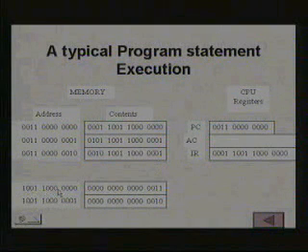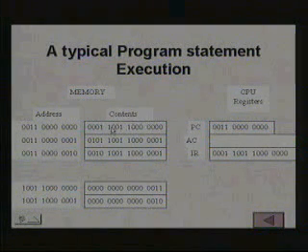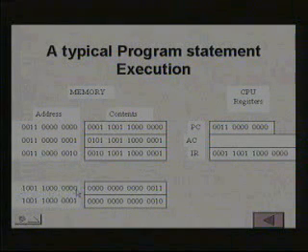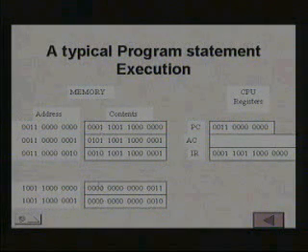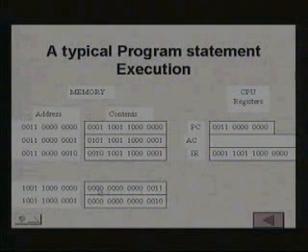That means the data being specified by the load instruction is stored in this particular location. So in a sense I am instructing the computer to load the accumulator register with the value given in this particular memory location, and that is the instruction being given to the computer.